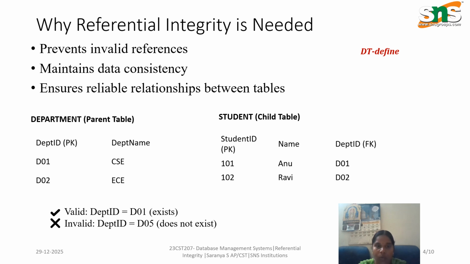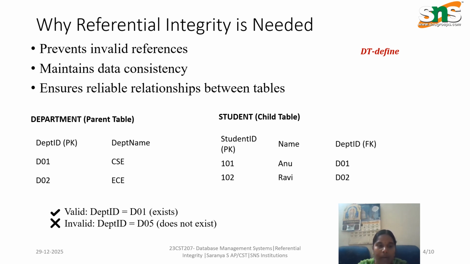Now let me consider my own example of employee name, employee ID, age and department number, and the next table with department number, department name and location. In the earlier example, the department is the parent table and the student is the child table.